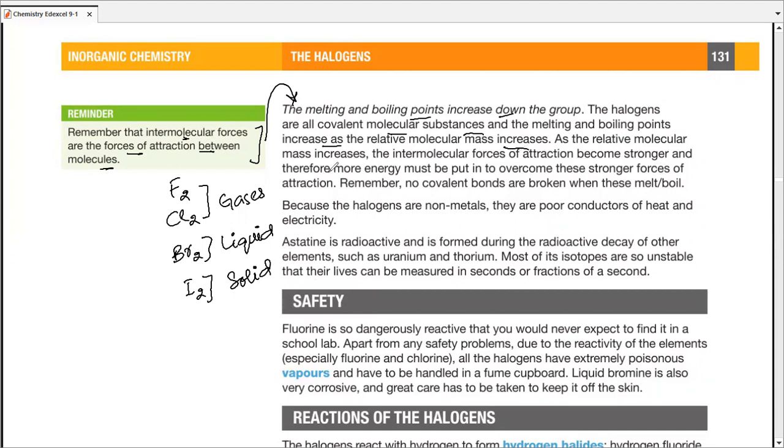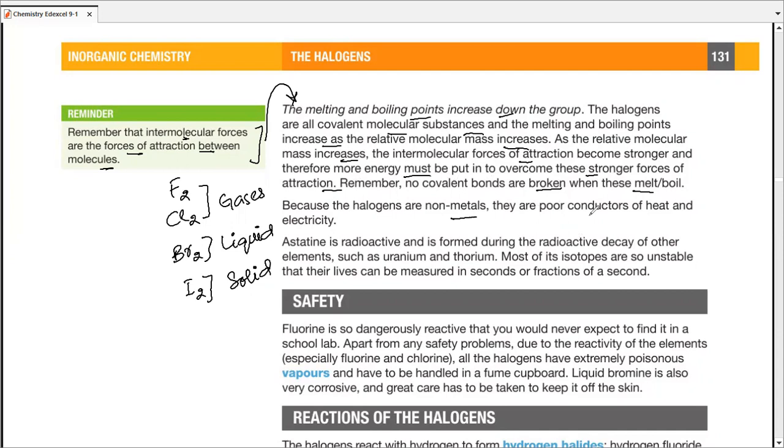So we understand as the mass increases, the intermolecular force of attraction becomes stronger. We need more energy to overcome these stronger forces of attraction. Remember, no covalent bonds are broken when we either melt or boil these.